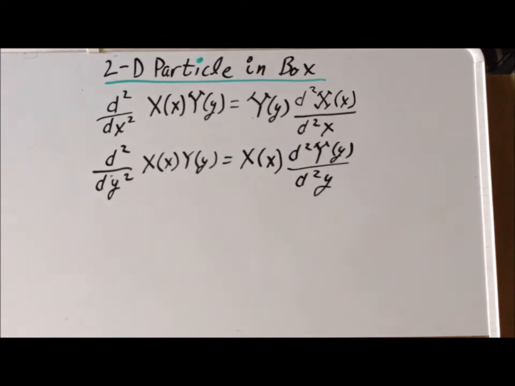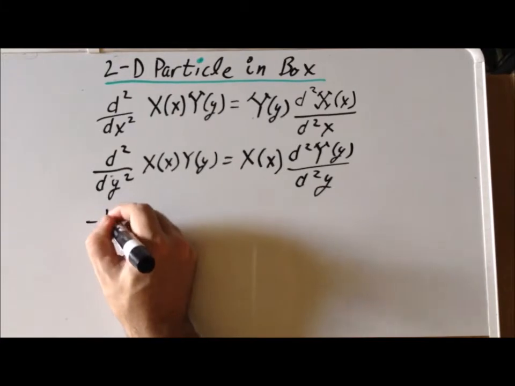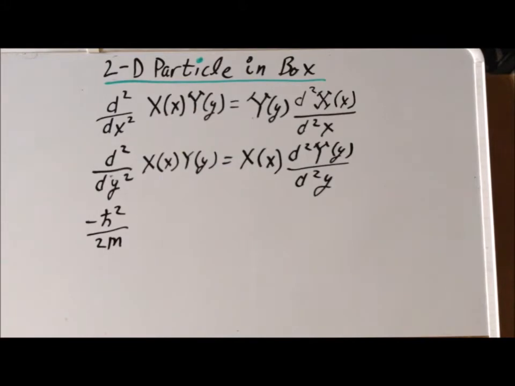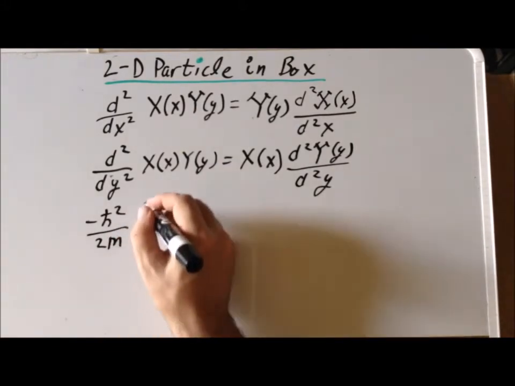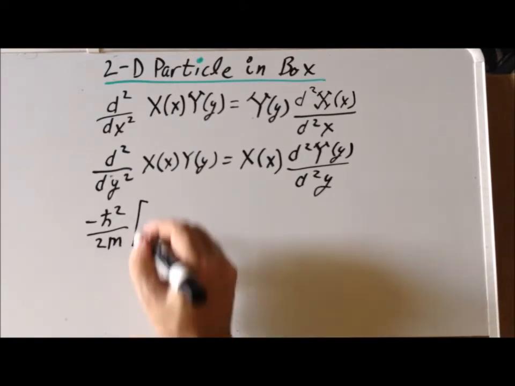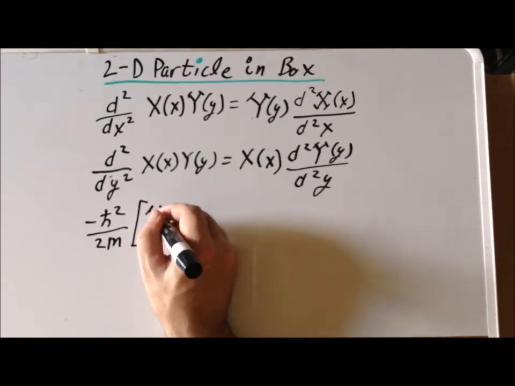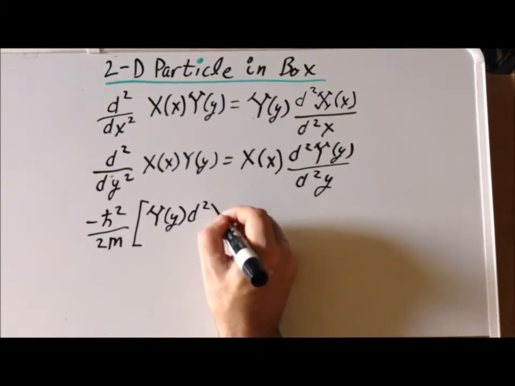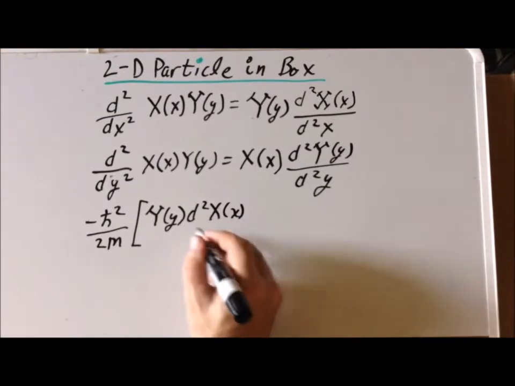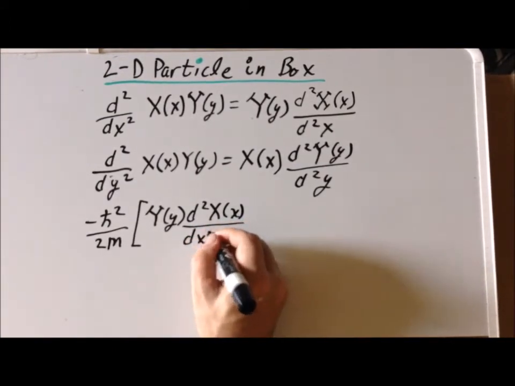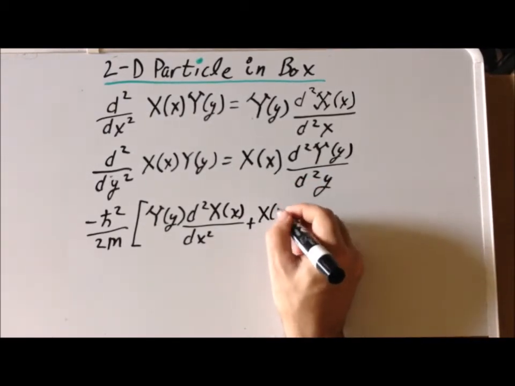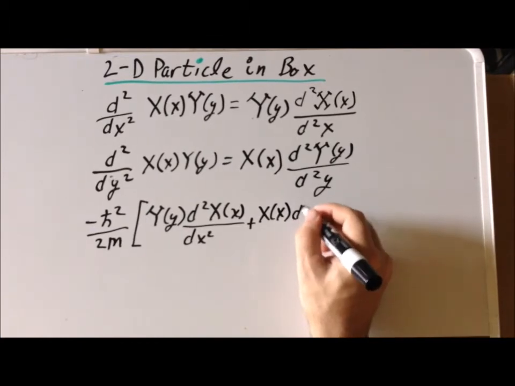So now, what do we get in our Schrödinger equation? Well, we had the factor in front of minus h bar squared over 2m. That stays the same. So now we replace it with the appropriate second partial derivative. So we have big Y of y times the second derivative with respect to x, plus the function big X of x times the second derivative with respect to y alone.